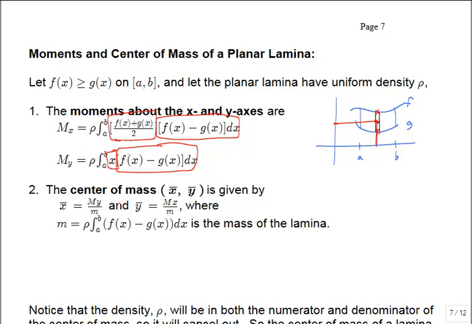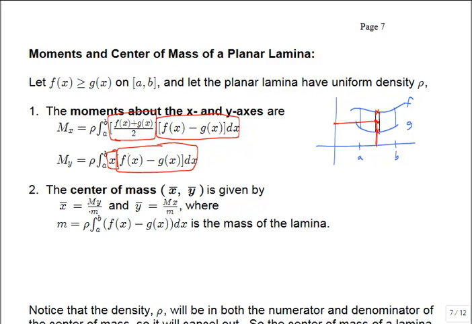Then to get the center of mass of the entire planar lamina, you take those moments and you divide them by the total mass. And in this case, that's just going to be your area, which is this area integral from a to b of f of x minus g of x times your density rho.